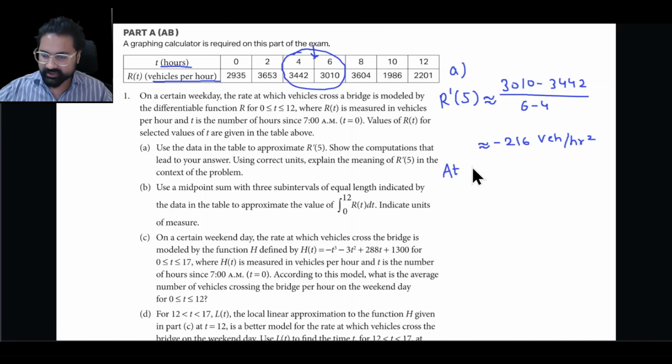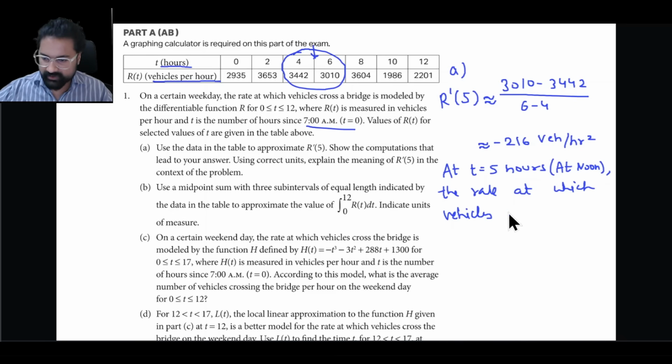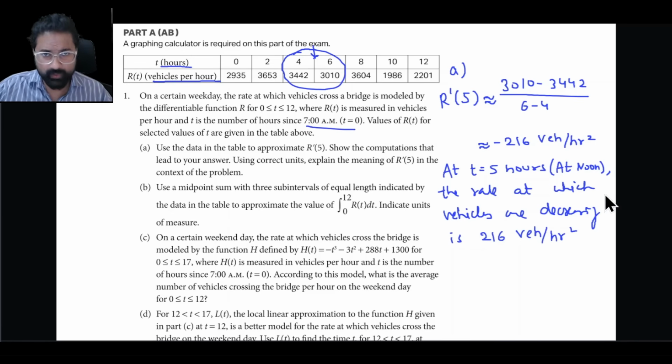So I'm going to say that at t equal to 5 hours, or if you want to be more precise, 5 hours after 7, which is at noon, the rate at which vehicles are decreasing is, since we have already used the word decreasing, there's no need to put negative, 216 vehicles per hour per hour. That's how we write our answer to part A.